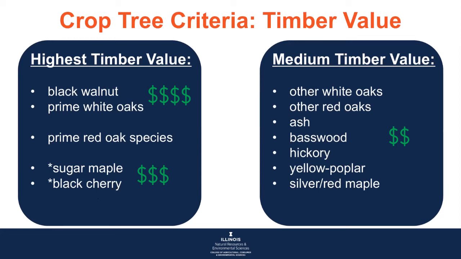Ash species, basswood, hickory, yellow poplar, silver maple, and red maple are considered medium timber value species. So if the species you have in mind isn't on this list, then generally it's considered a lower value timber species. And applying crop tree release to lower timber value species, you're just not going to get the bang for your buck.